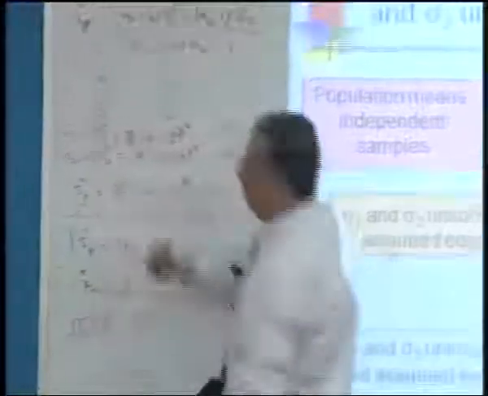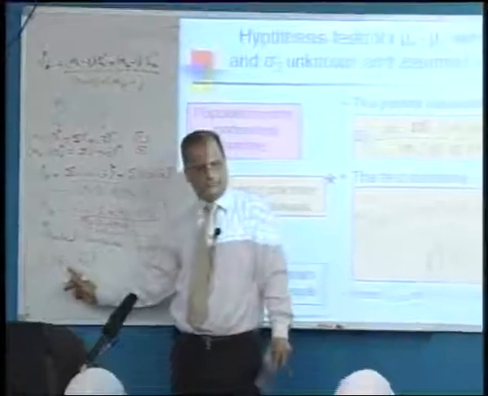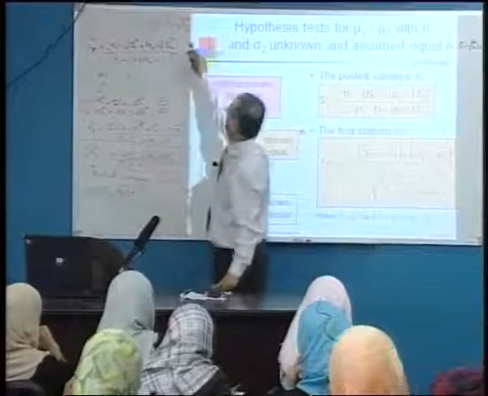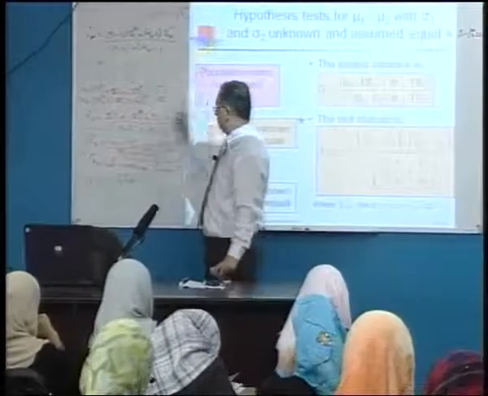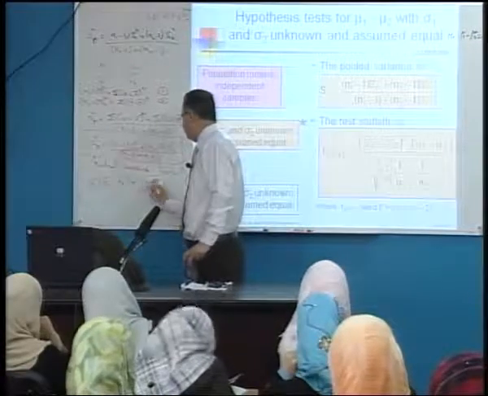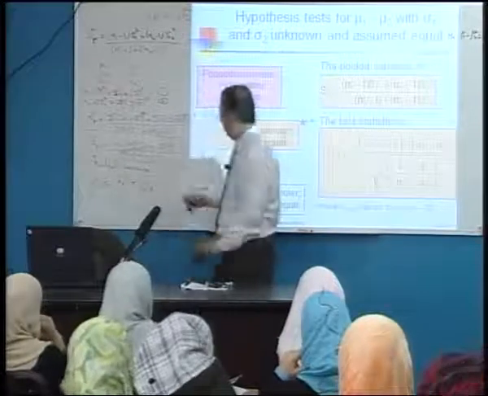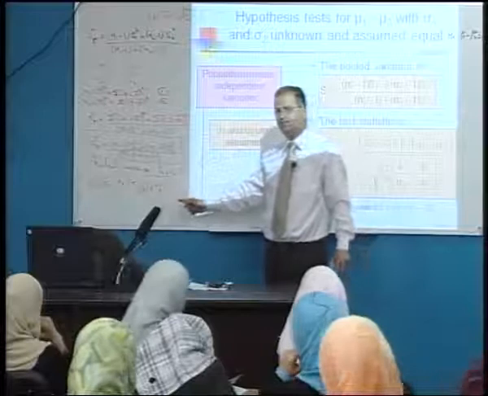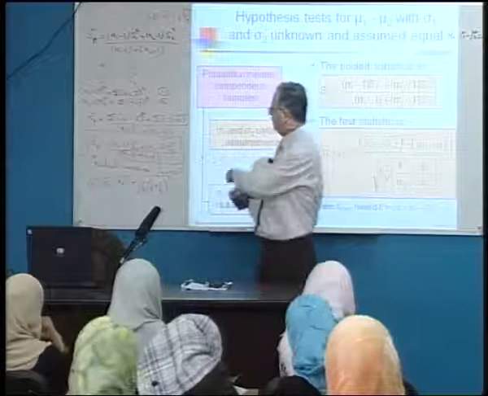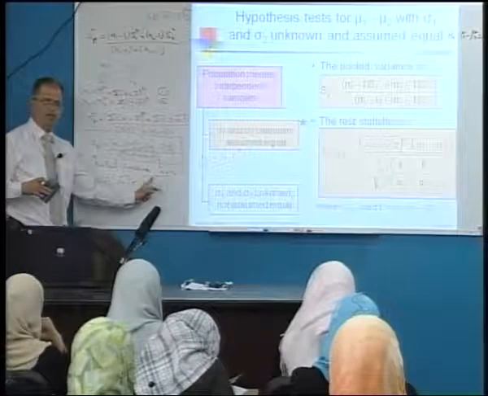But here we are looking for the standard error of x1 bar minus x2 bar. Since the sigmas are unknown, we have s squared p multiplied by 1 over n1 plus 1 over n2, because we have two different samples. So the standard error of the difference equals the square root of s squared p multiplied by (1 over n1 plus 1 over n2).